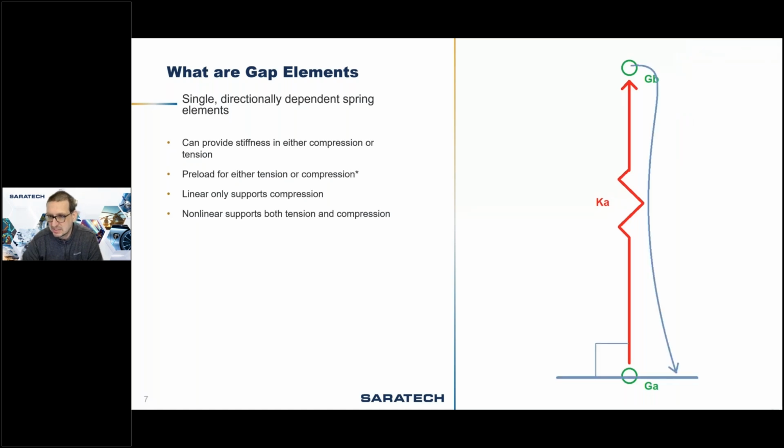And depending on what sort of initial gap we might have defined, once that initial gap is closed, and in this case, the initial gap is the distance between GA and GB, we'll see that the stiffness is then applied between these two nodes, in this particular case compressive direction, KA.